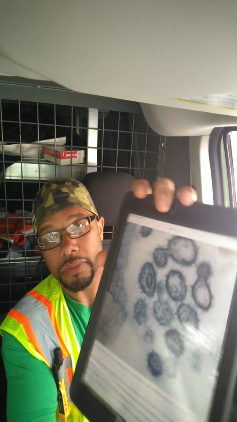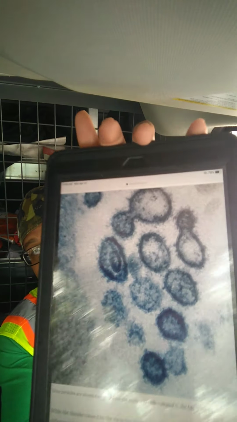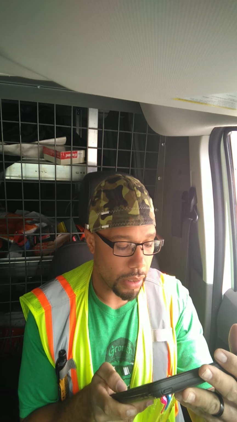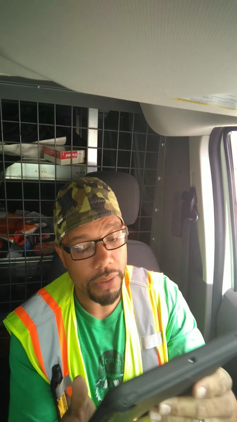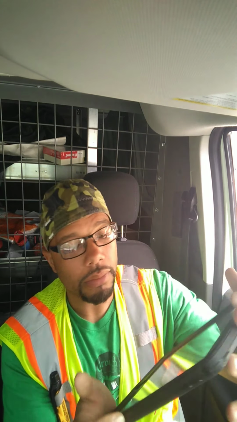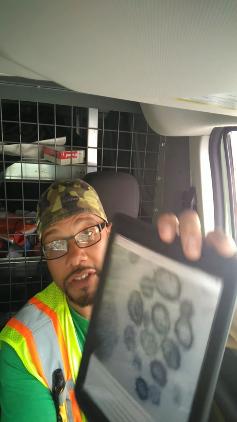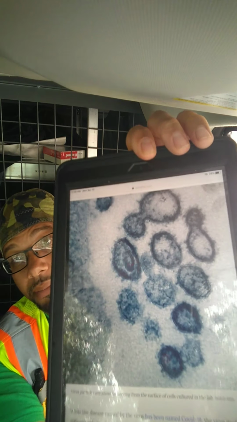Right here, at the bottom. This is an image of viruses. Virus particles are shown emerging from the surface of cells in a lab. Emerging from. That's what it says at the bottom. Okay?